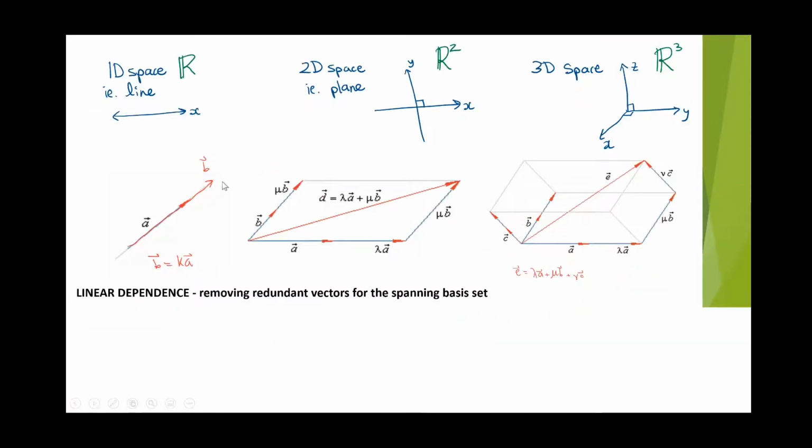So if we are looking at one-dimensional space, the line, you might be given 2 or 3 or 4 collinear vectors, but you don't need all of them to span this line. They will span just one line if they're all collinear, but you need only one of them to define this. So this statement right here is called a linear combination.